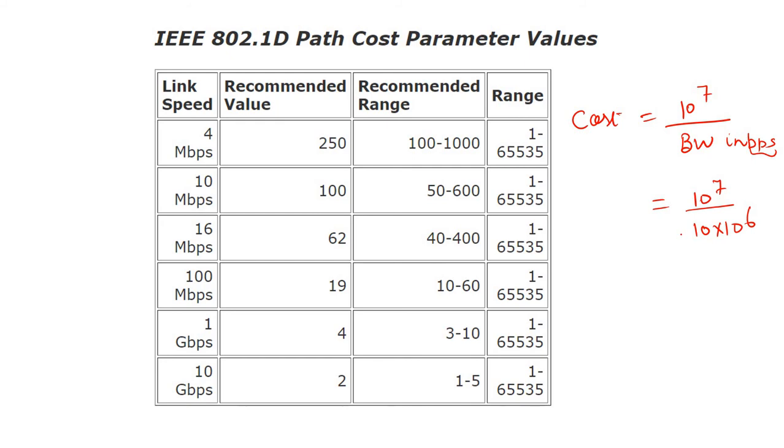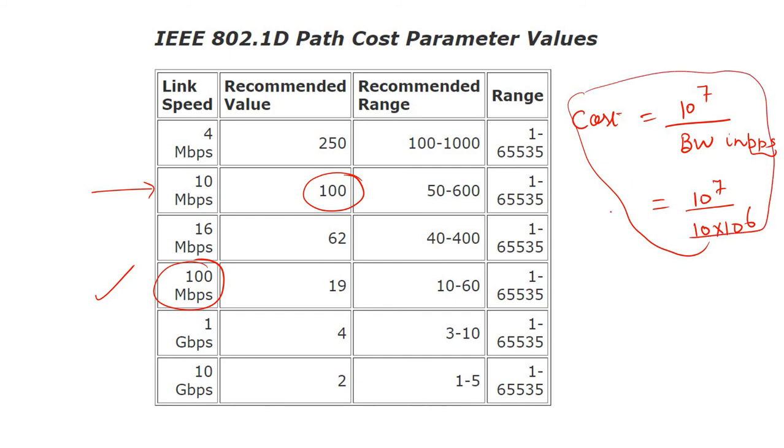I think I have done something wrong, because this is the correct table. Whenever we have a 10 Mbps link, it has a path cost of 100. Whenever we have fast Ethernet, that is 100 Mbps, this is the old methodology I'm telling you, from when we used fast Ethernet up to 100 Mbps only, right?